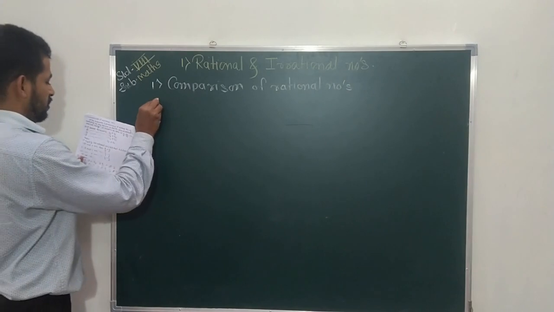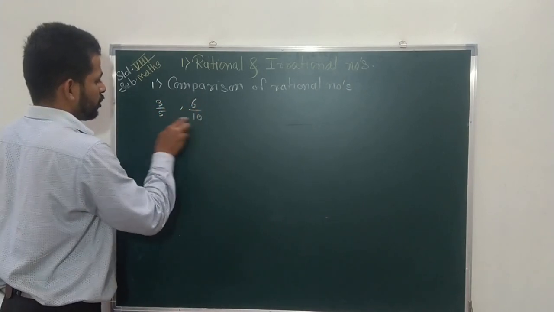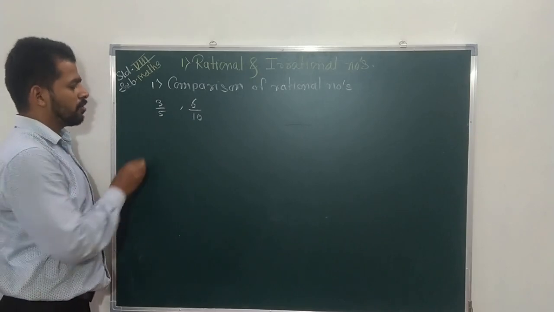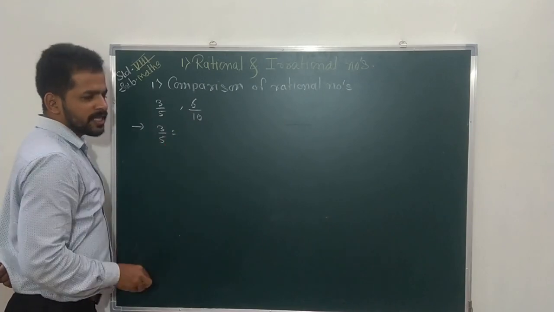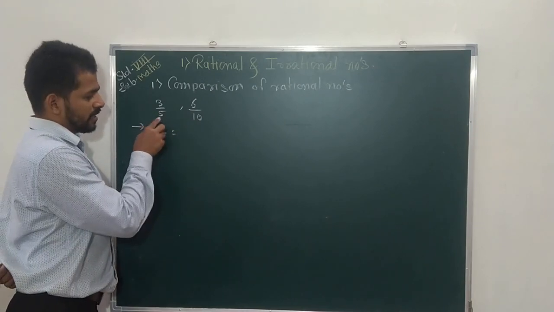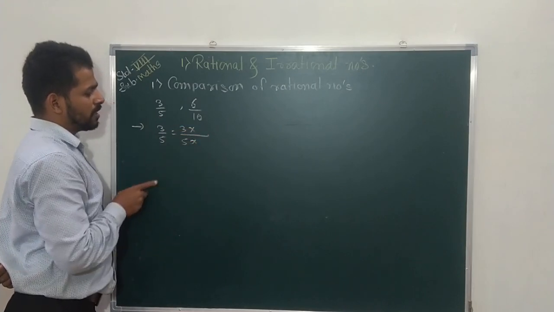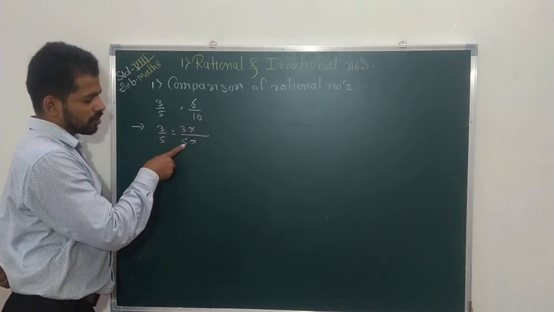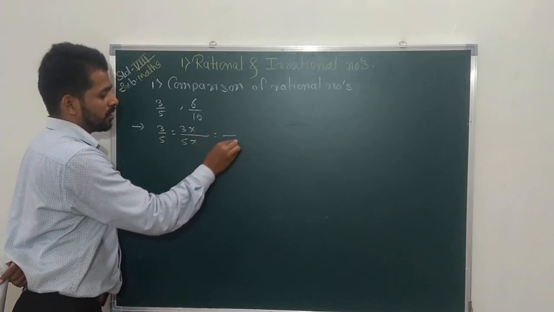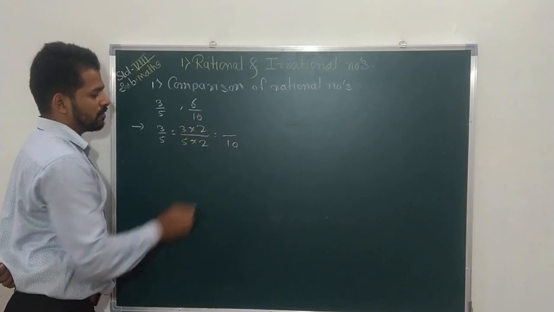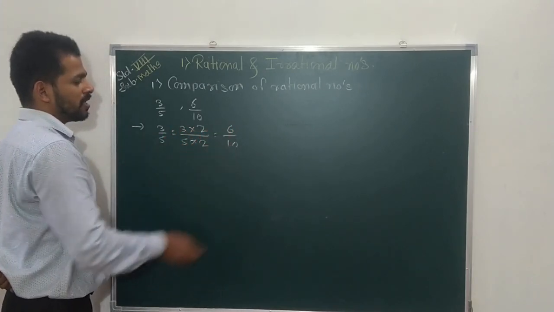The fourth one is 3 upon 5 and 6 upon 10. Here the denominators are not the same, so first we want to make the denominators the same. The LCM of 5 and 10 is 10, so I want 10 here. 3 upon 5 as it is; which number do we multiply 5 by to get 10? 5 twos are 10, so we multiply by 2. 3 twos are 6, 5 twos are 10.